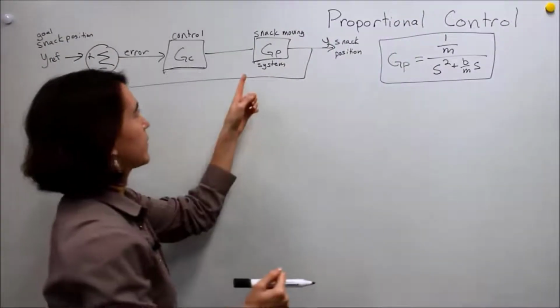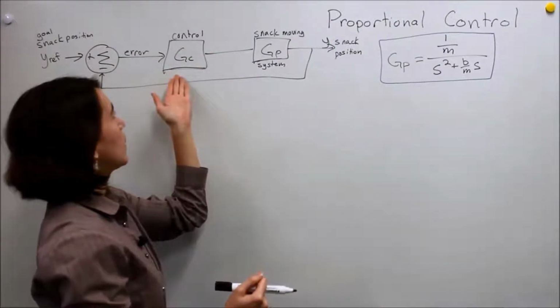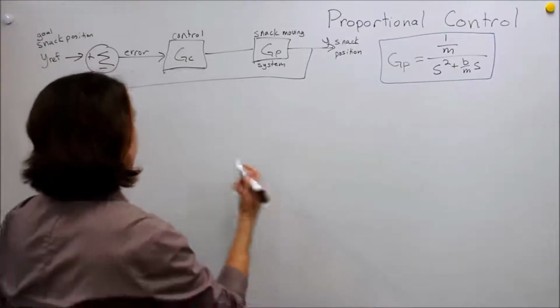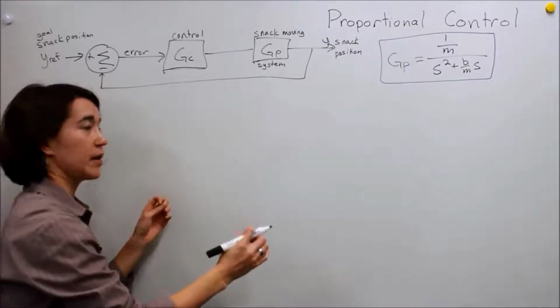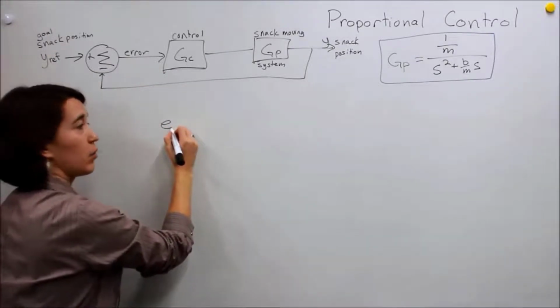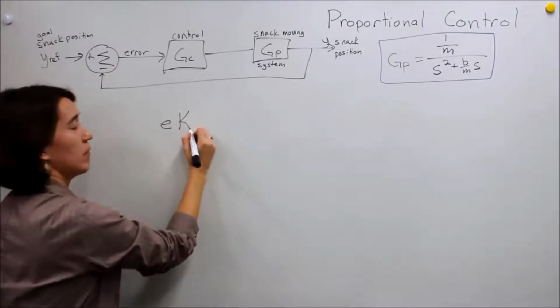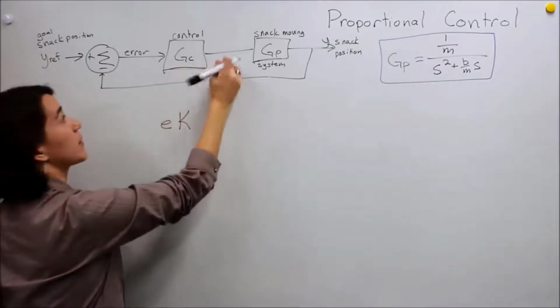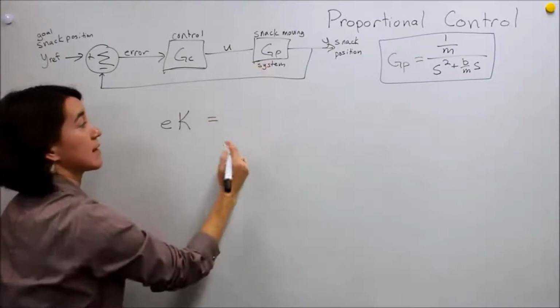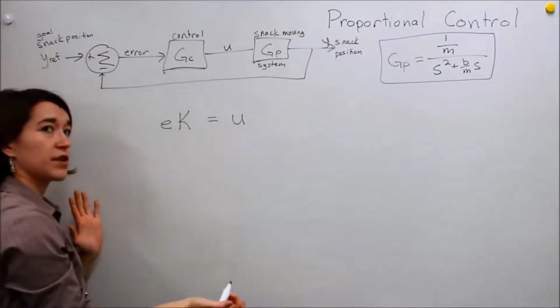So now we're going to find the transfer function for proportional control. We just mentioned that it's essentially the error, E, multiplied by K, that gives us our input into our plant system. Relatively simple.